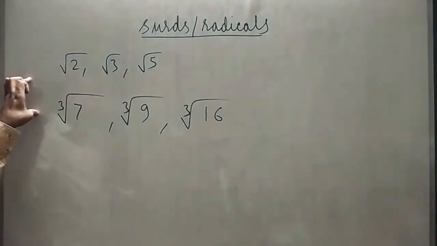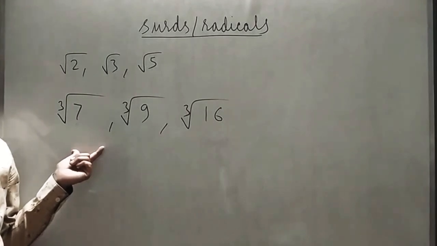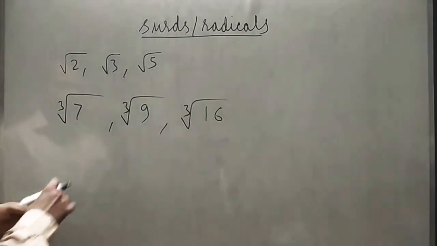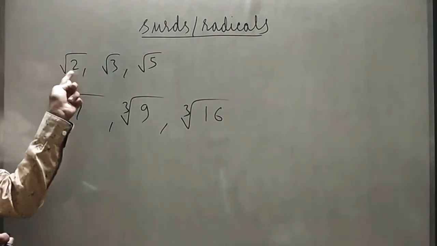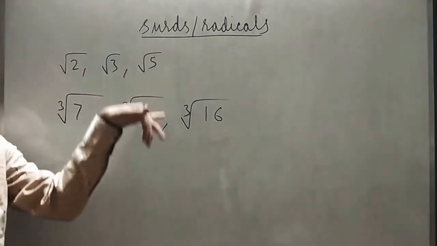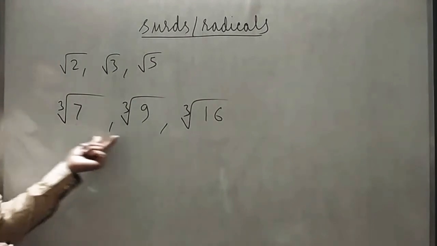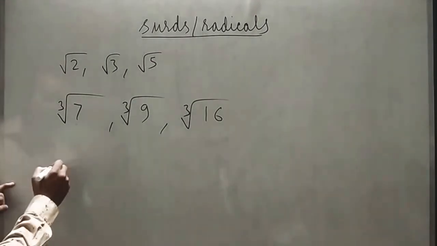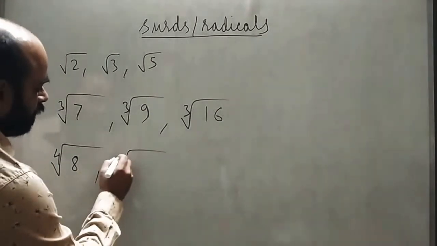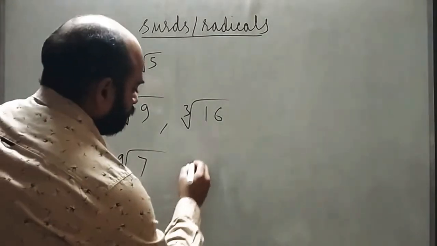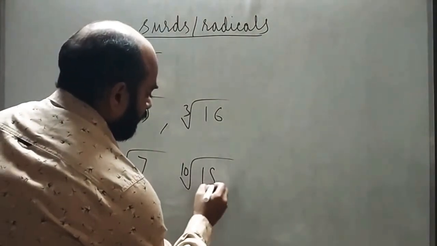We cannot take out these numbers 2, 3, 5 out of the square root or out of the cube root or out of the 4th root, 9th root 7, 10th root 18.